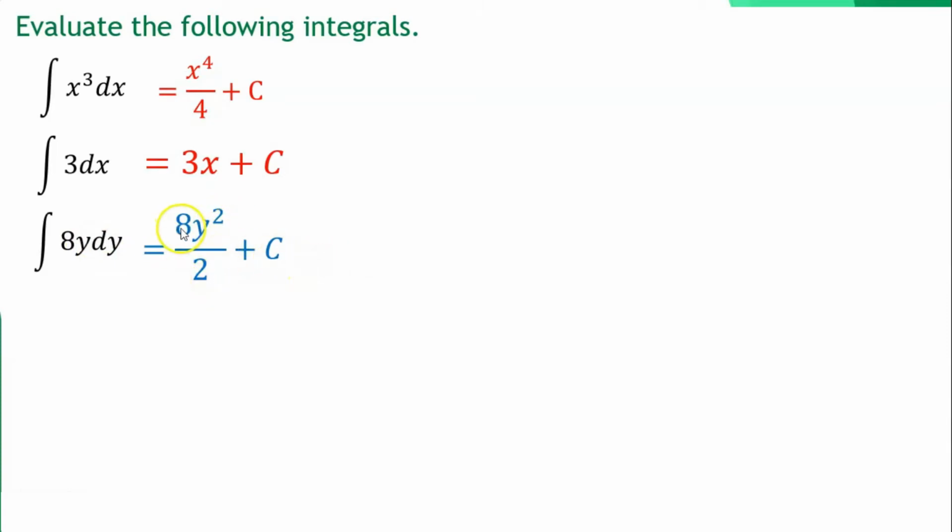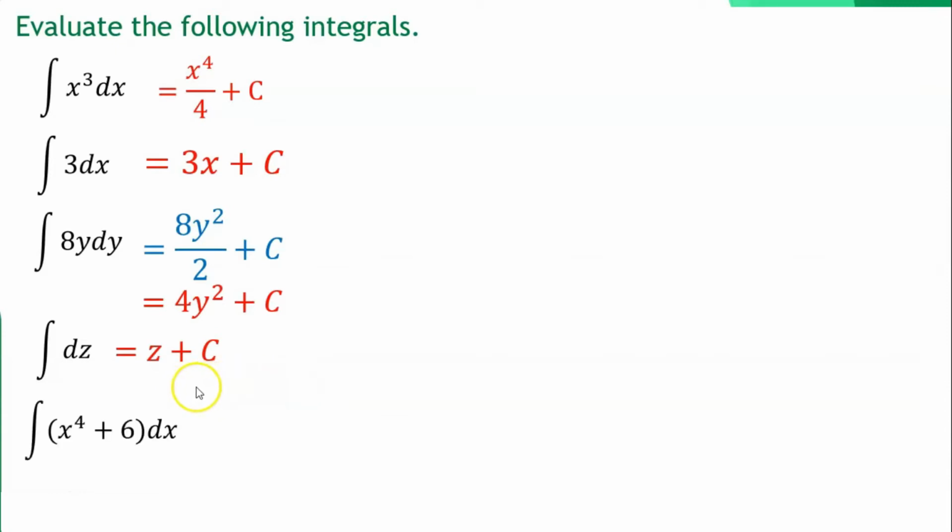Since we can still simplify, the final answer is 4y squared plus c. Another, find the antiderivative of dz. Take note here, nothing is written, so the default is actually 1. So our answer would be z plus c.